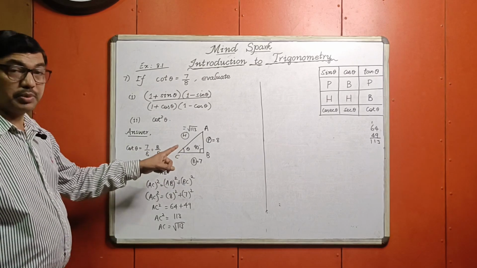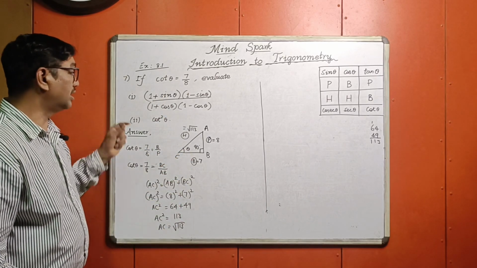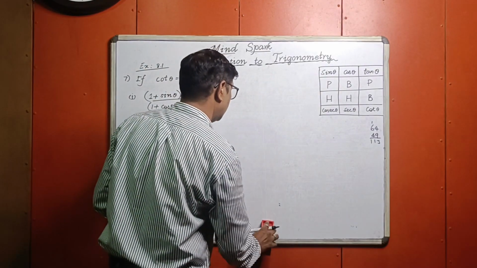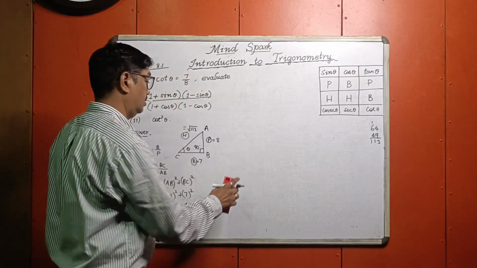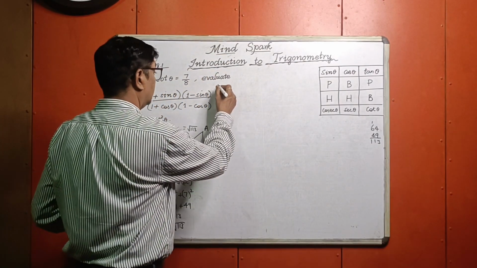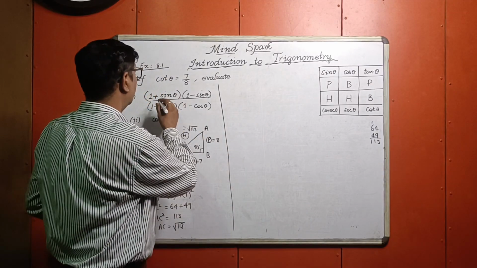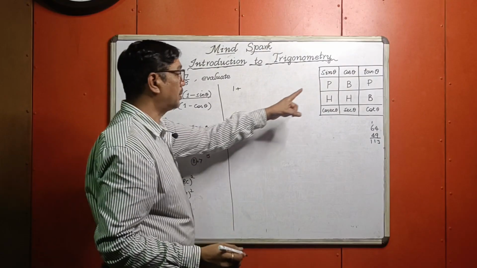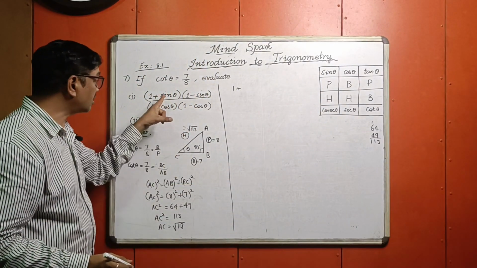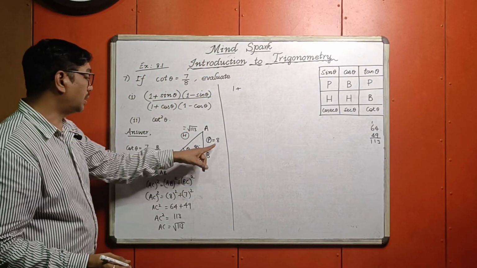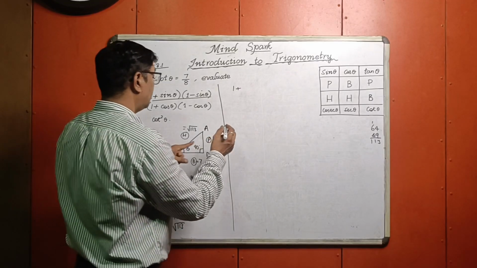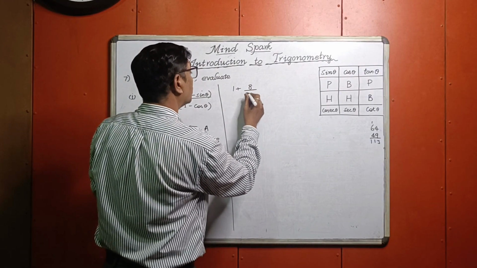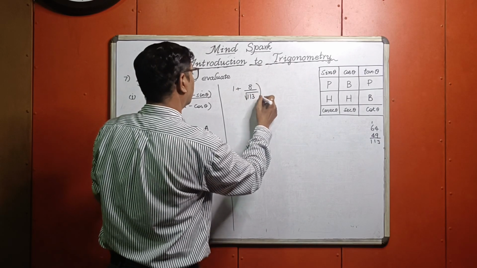Now once you get the hypotenuse, then you can find out the relation. So what is the relation? One plus sin theta. What is sin theta? Perpendicular by hypotenuse. Perpendicular is 8 and hypotenuse is square root of 113.